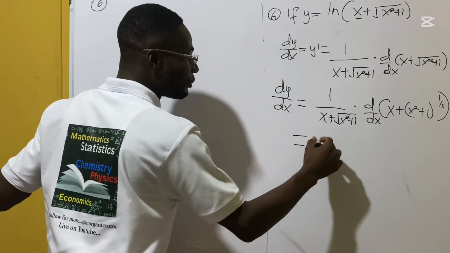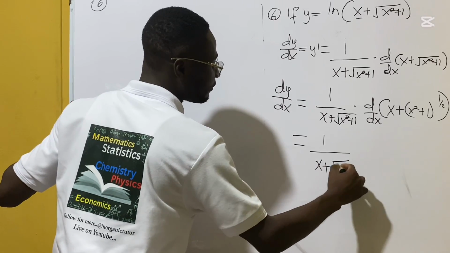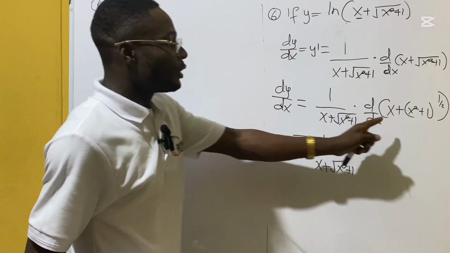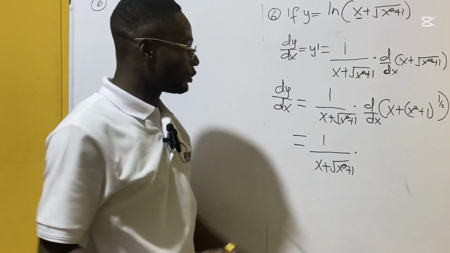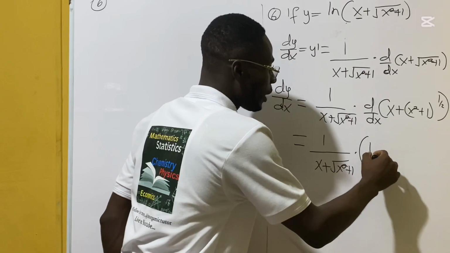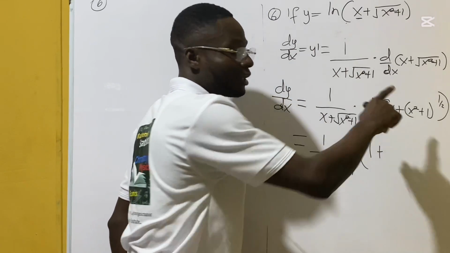So from here, we're going to have 1 over x plus square root of x squared plus 1, times, we want to differentiate this, right? So differentiate x, you have 1 plus the differential of (x squared plus 1) exponent half.